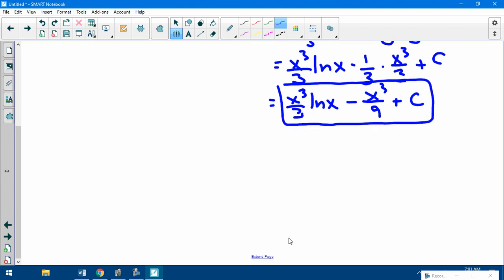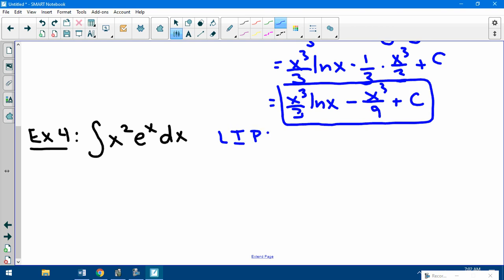All right, got 2 more. Number 4. How about the integral of x squared e to the x dx? This one is super fun. What do you think you want u to be? There's no logs.